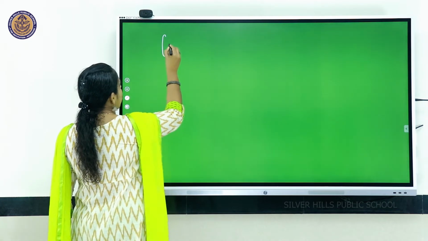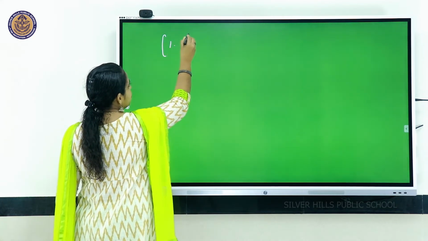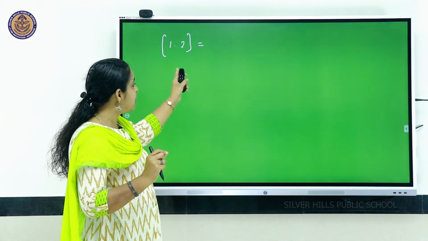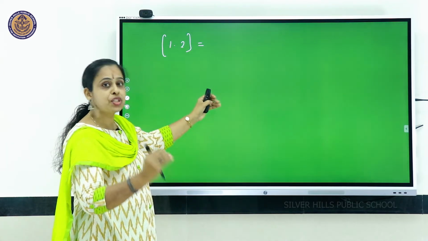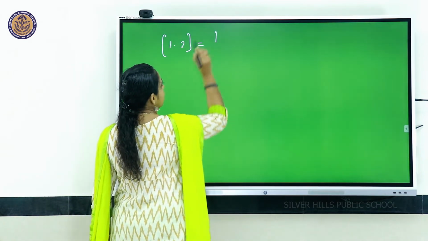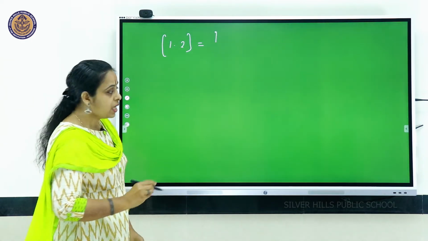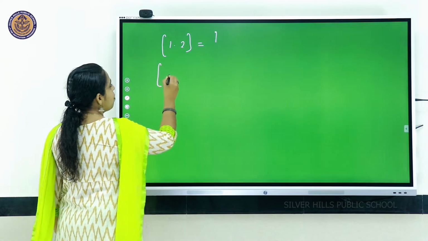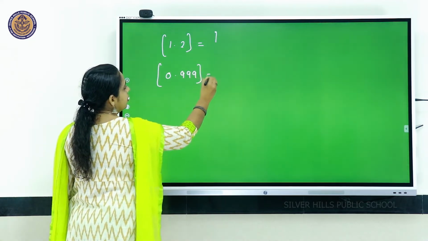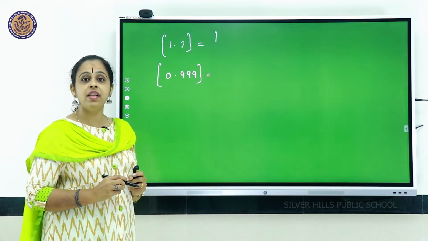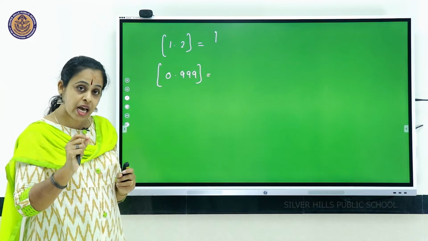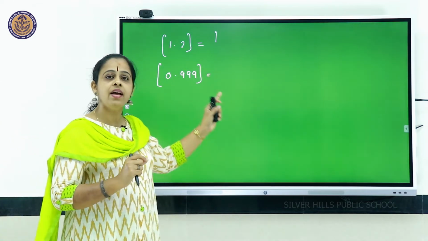If I take box of 1.2, what will be the value? The value will be an integer less than or equal to 1.2. Which is the integer? It is 1. Correct? If I take 0.999, what is box of 0.999? It is the greatest integer less than or equal to 0.999.